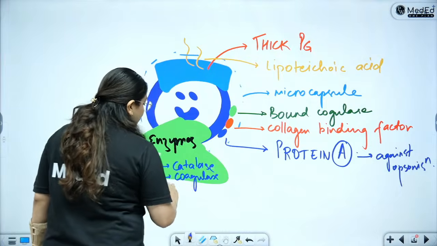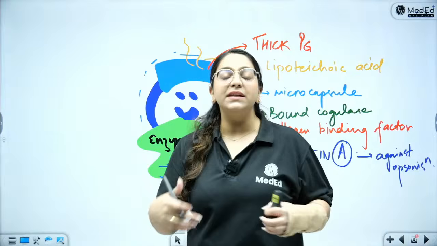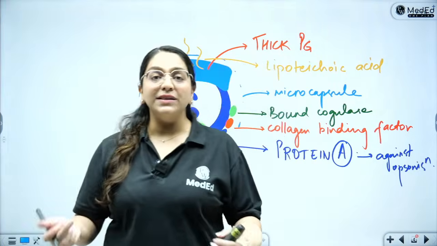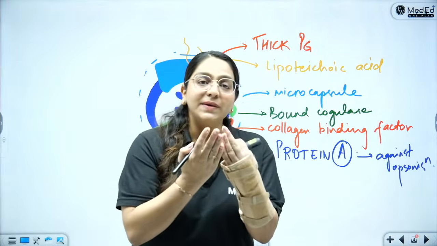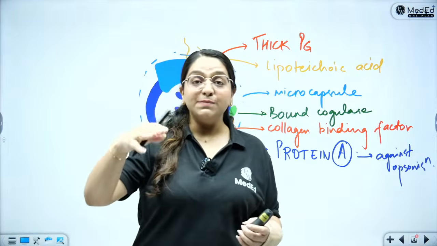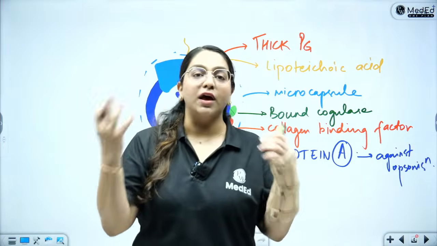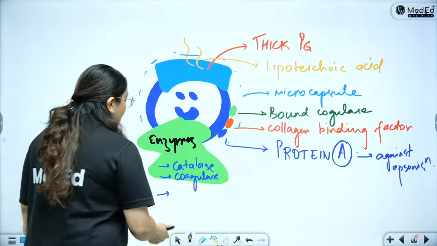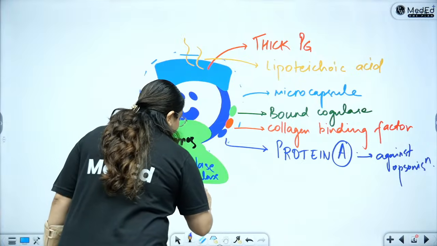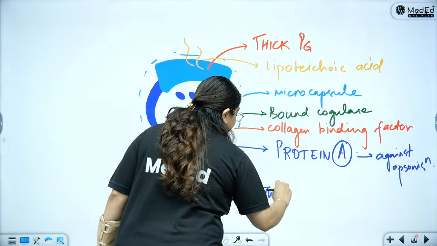Then the bacteria has to move forward in the skin, destroying all the cells that come in its way. So what will it do to destroy the cells? To destroy the cement between the cells, hyaluronidase. To destroy the DNA of the cells, DNase. DNA's backbone is phosphate, so phosphatase. All of this it can do at high temperatures, so thermonuclease. So it's very simple. What is it going to produce? DNase, phosphatase, thermonuclease.